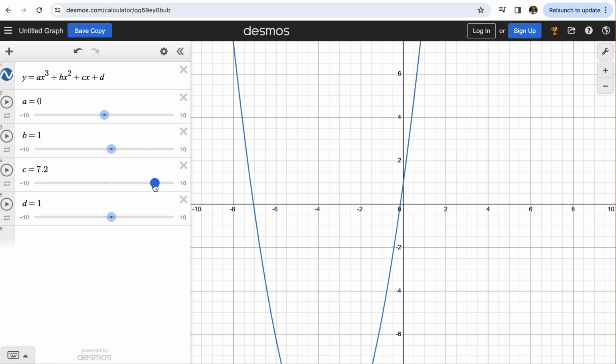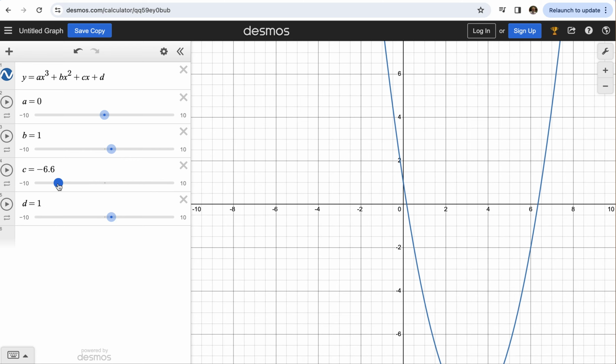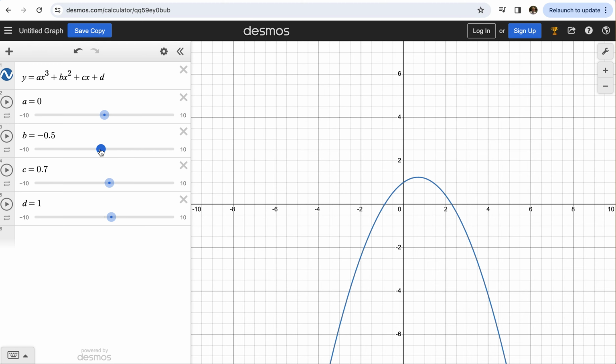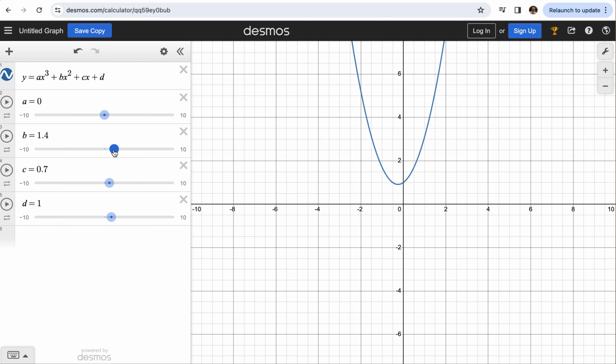The more positive I make it, the steeper it gets in positive slope, and of course negative slope. And so you can see all the C is doing is controlling the slope of the curve at the y-intercept. The D controls the y-intercept. The C controls the initial slope at the y-intercept. The B controls whether the parabola is wide or narrow, and if it's negative, upside down.